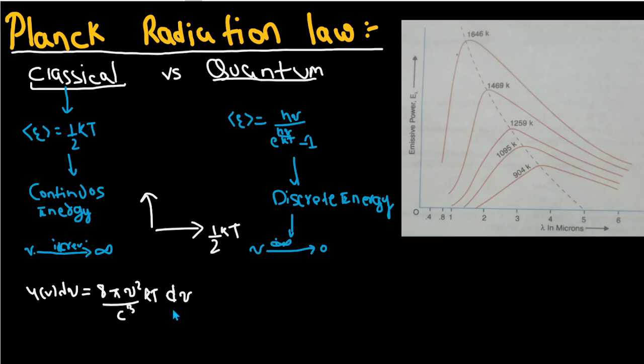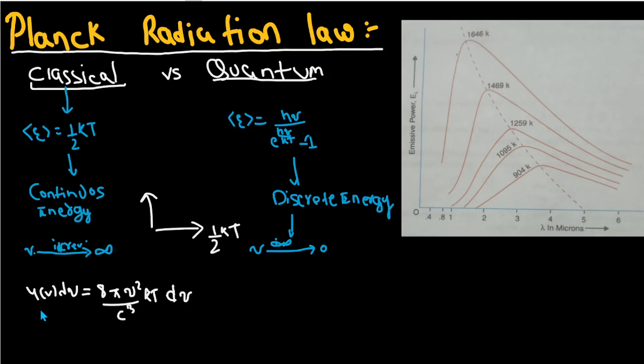This is the formula of the energy density for a given frequency range dμ. In this particular graph, it is the emissive power, and here is the energy density. But no worry, we are mostly going to deal with the energy density rather than the emissive power. This graph is just to understand how the curves look.